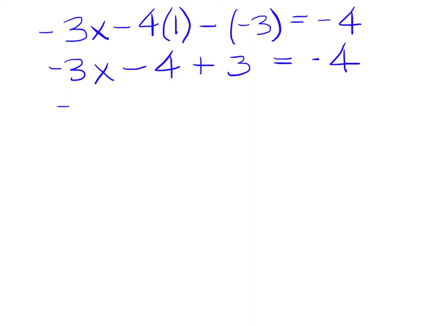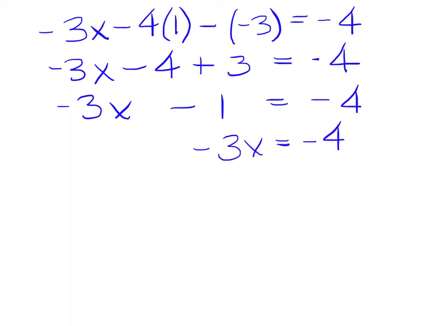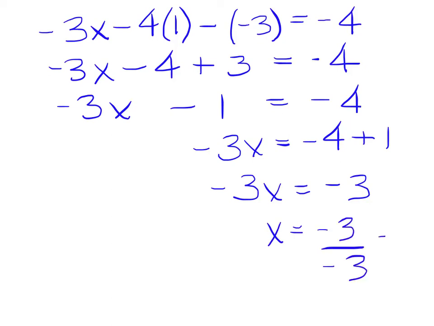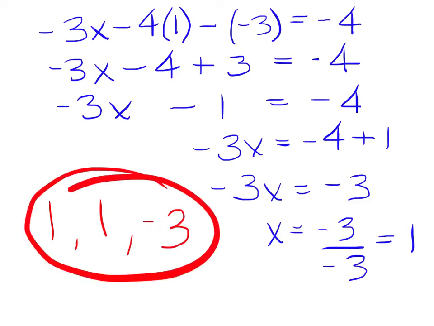On the left there, we can make this negative 4 plus 3 to get a minus 1. And then move that minus 1 to the right and make it plus 1. Gives us a negative 3. And then divide negative 3 by negative 3 to get a 1. So you end up with a final answer of 1, 1, and then negative 3. And make sure you put them in order x, y, and then z.